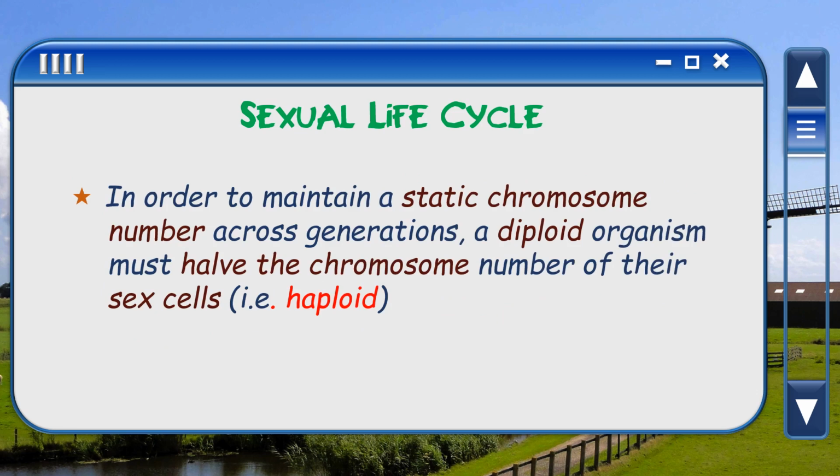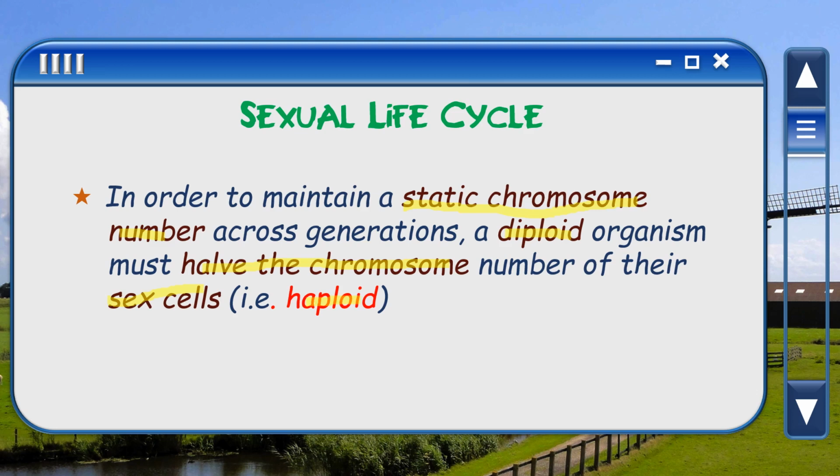In order to maintain static chromosome number across generations, a diploid organism must have the chromosome number of their sex cells, i.e. haploid.